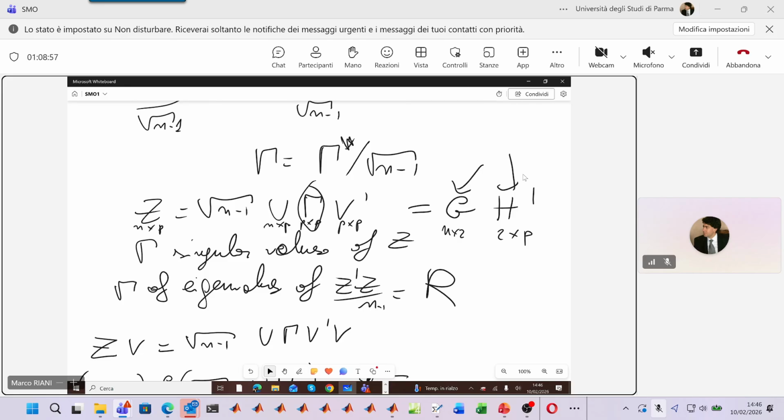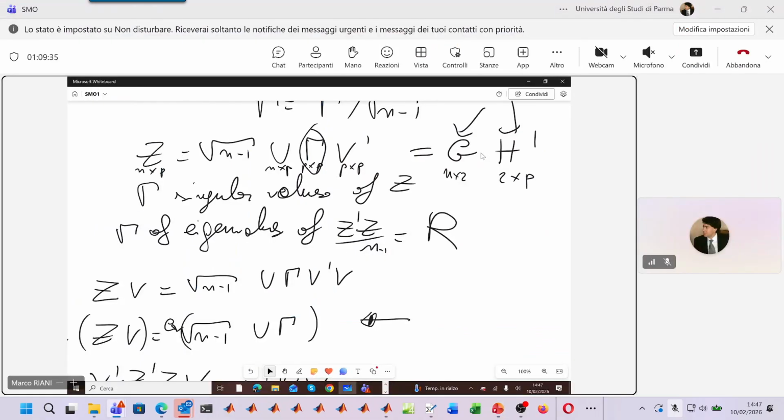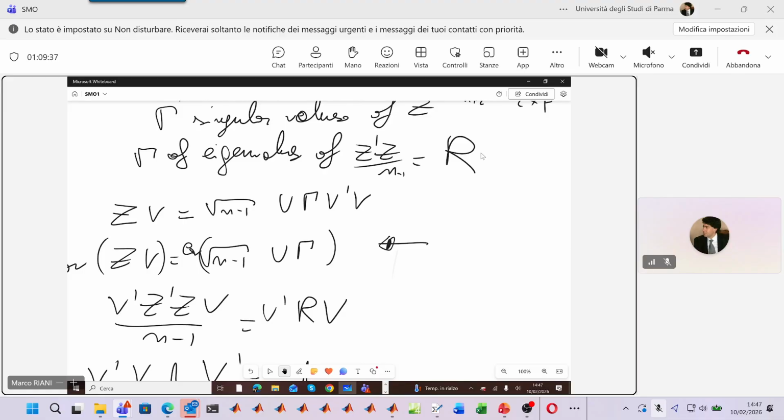Now, G and H. G in this case can be this thing here. Therefore, these are the standardized principal components. If G is this guy here, then gamma belongs to H. So it's G times H, the product of three matrices. Okay, so it's G times H. Therefore, let me rewrite it.